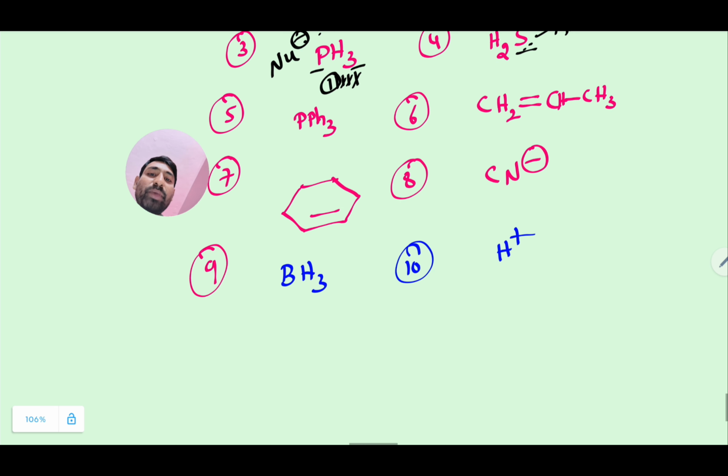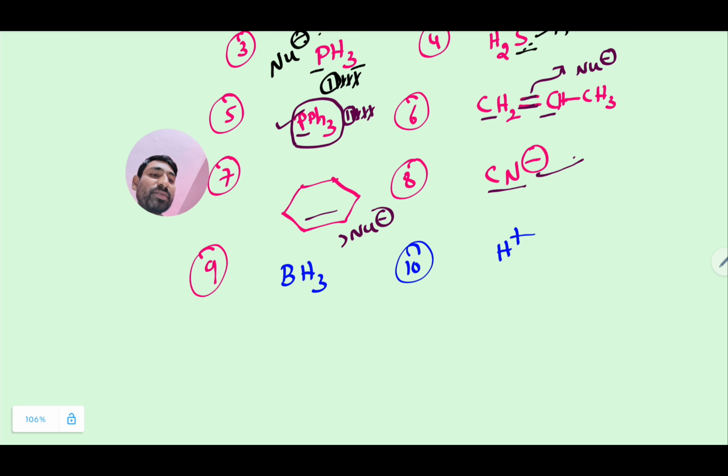Now if you take PPh3, phosphorus has 5 electrons, there are 3 P-Ph bonds and 1 lone pair, so it acts as a nucleophile. Now there is a pi bond between carbon and carbon, so it acts as a pi donor, and it also acts as a nucleophile. Here also there is a double bond, a pi bond, which acts as a nucleophile. That is a negatively charged species, which also acts as a nucleophile.